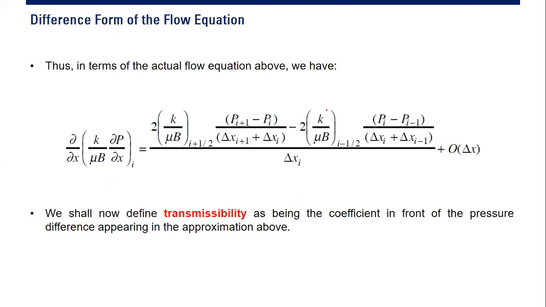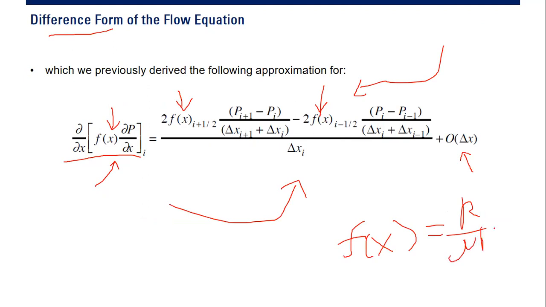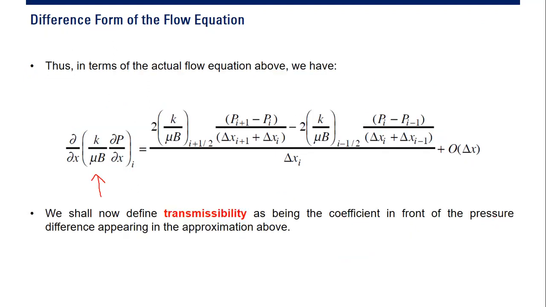Okay, so now we insert K divided by viscosity and multiplied by formation volume factor. We just replace f(x) with K divided by mu B, and we get this form. It's quite simple, but still the error is of the order of delta x.